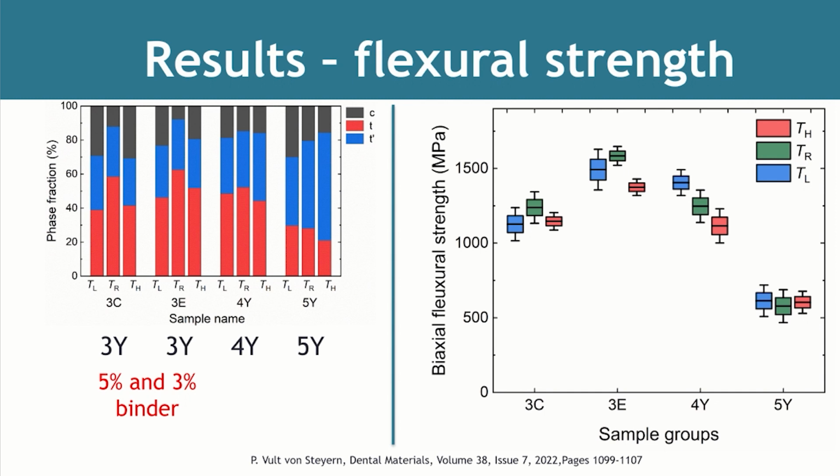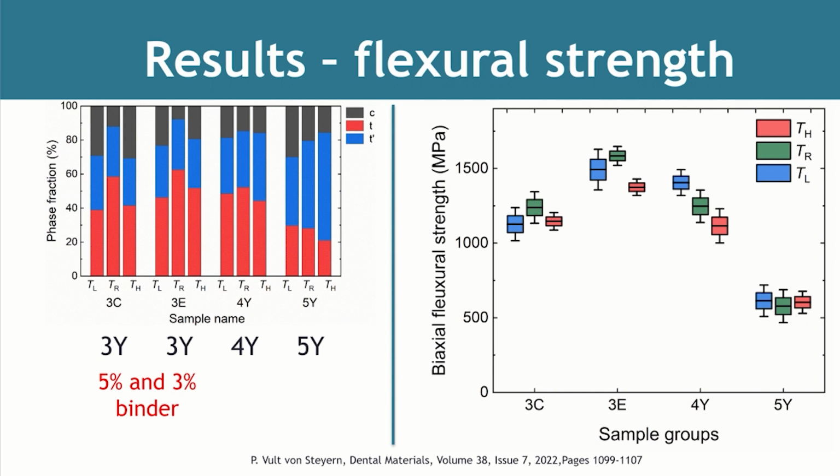So if you have less binder, you get fewer pores and slightly higher strength, as these pores can then somewhat weaken the material. Whereas with a higher binder content, you get a slightly lower strength. However, all of these values are well over 1000 megapascal, meaning that the strength is still really high.